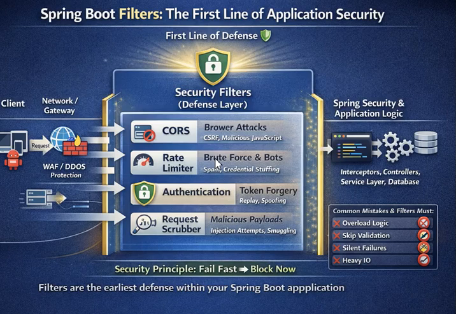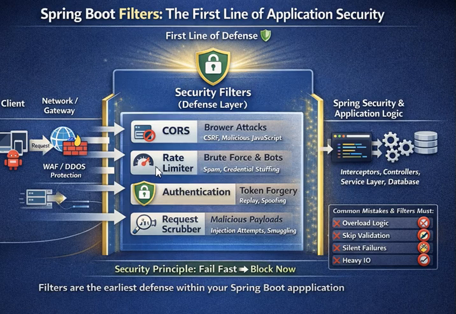It is important to understand that CORS does not stop hackers. It stops malicious websites using browsers, so it protects the users rather than your servers. That is why it belongs to the filter.